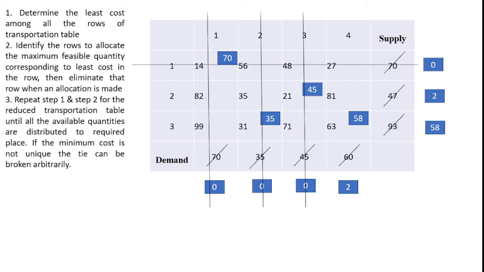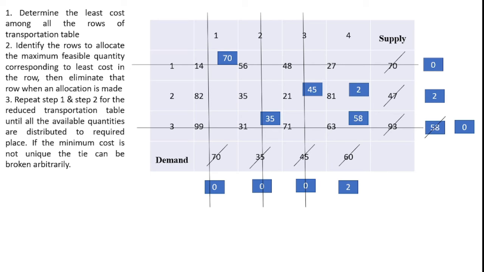After completing this I can move to the next step. I cross out that 58 in the cell, and row-wise also I subtract 58 minus 58 and get 0, so zero supply is available in this third row. After that I eliminate that row for further calculations.